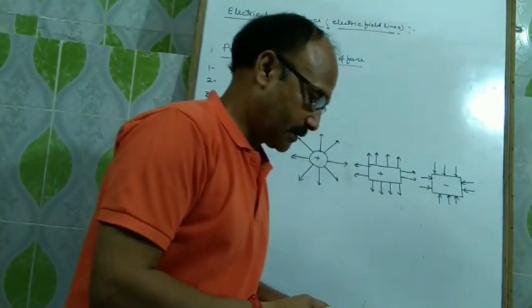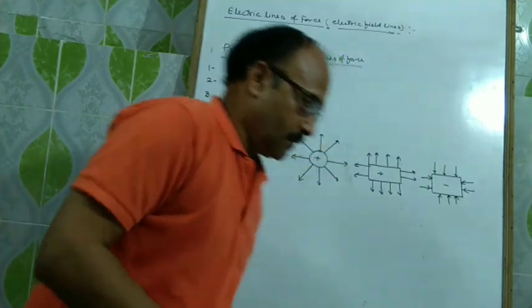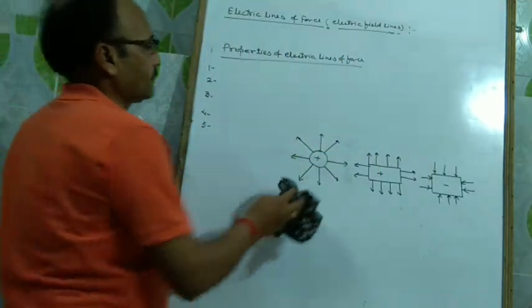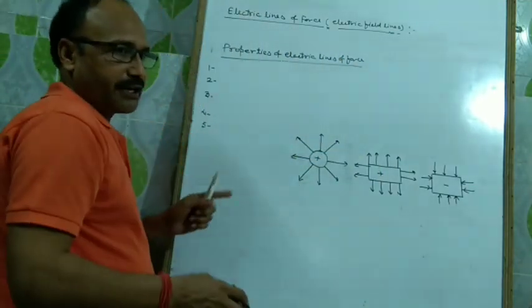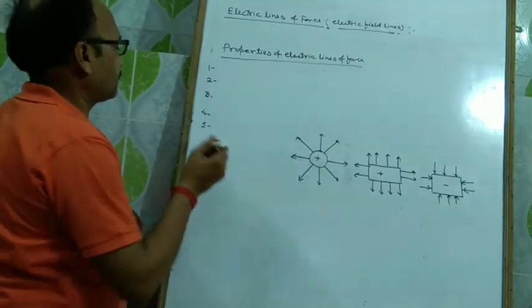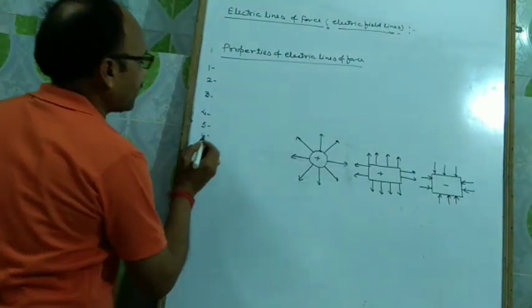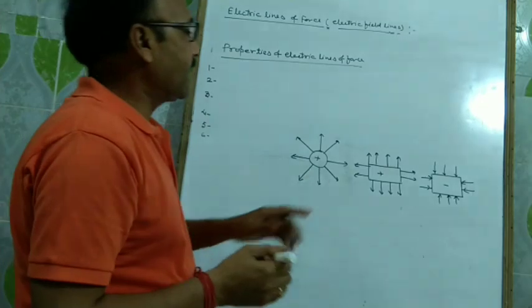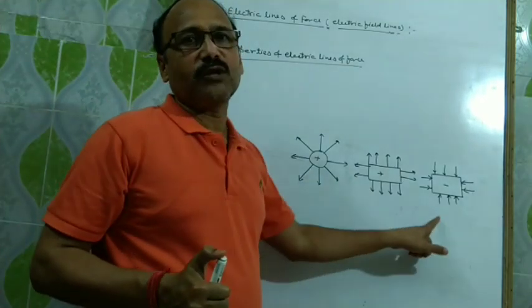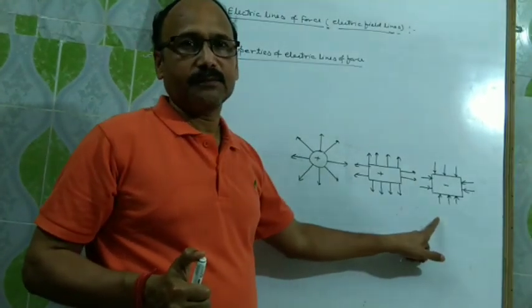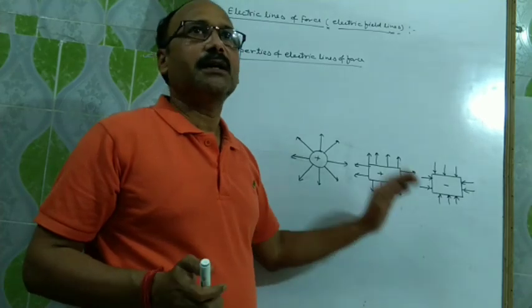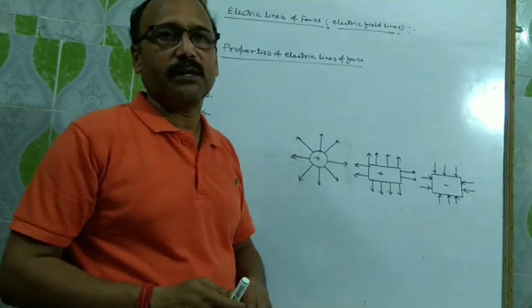Next, these electric lines, next property, sixth property: these electric lines of force never pass through the conductor body. ये कभी भी कंडक्टर बॉडी से पास नहीं होती है.